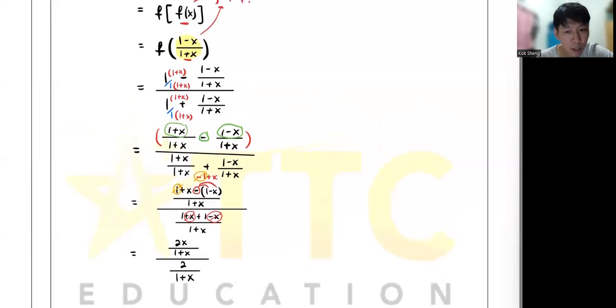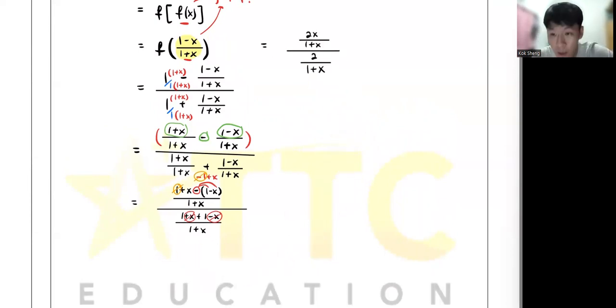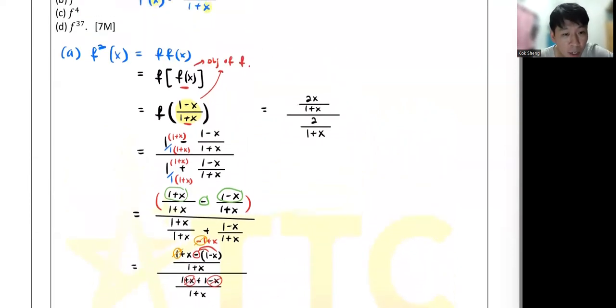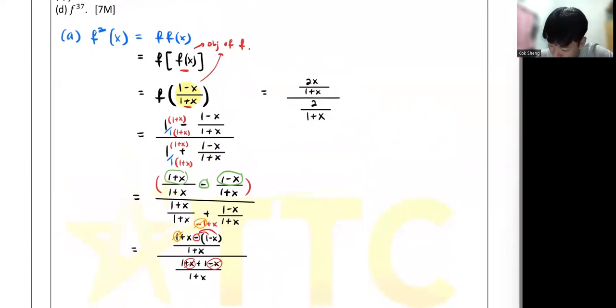Okay. Move it here. You see the whole thing? Okay. Nice. So the final step will be, because we have to make it into a single fraction, the last one is the divide.